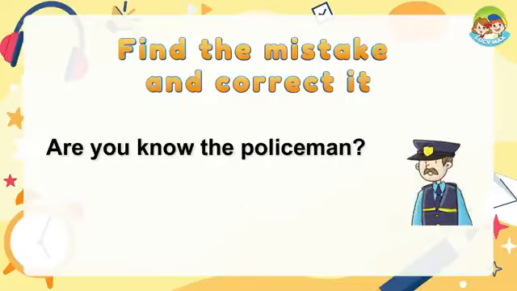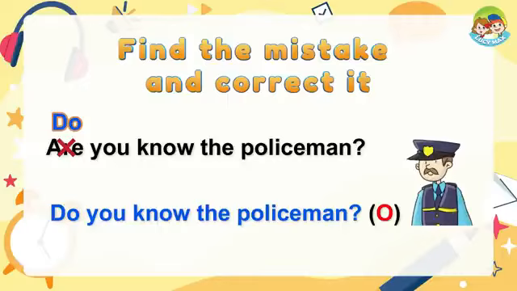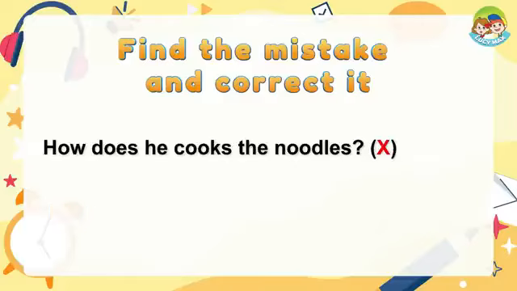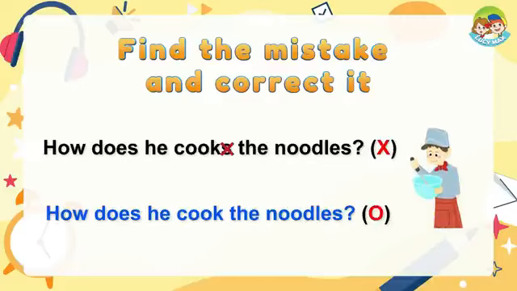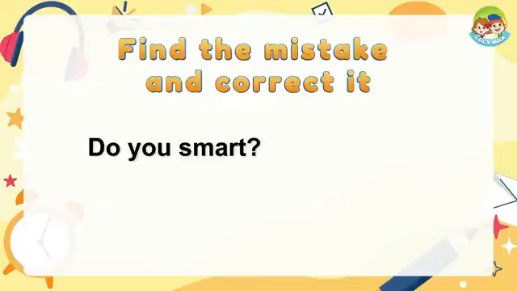Are you know the policeman? Know is a verb, so we need to use do. Do you know the policeman? How does he cooks the noodles? How does he cook the noodles? Do you smart?